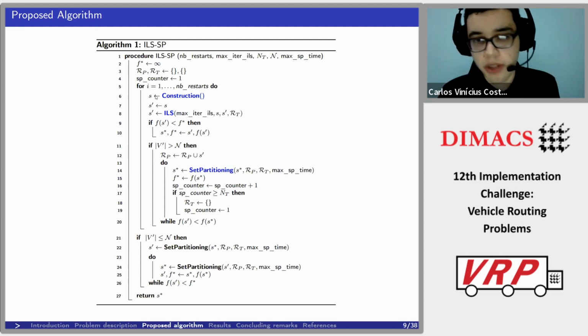We perform a construction for every restart, which is a heuristic which attempts to make a solution. We improve that solution by using the ILS math heuristic.